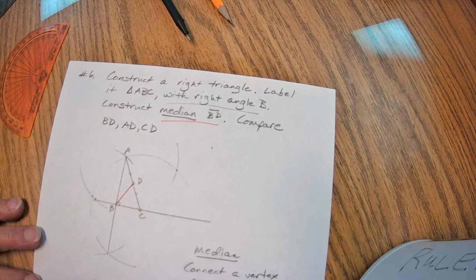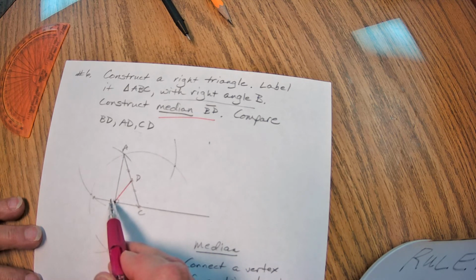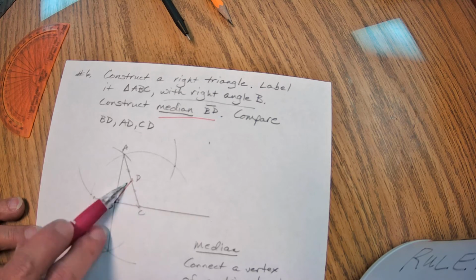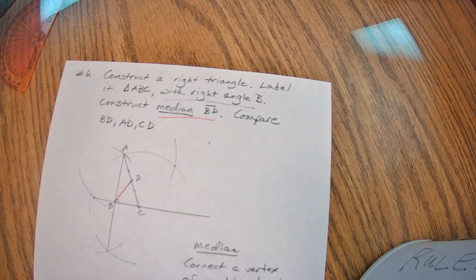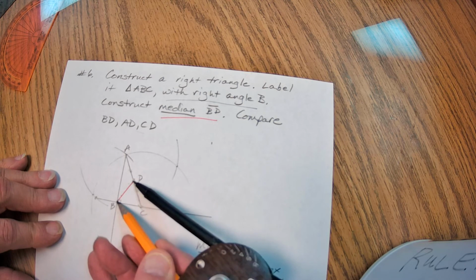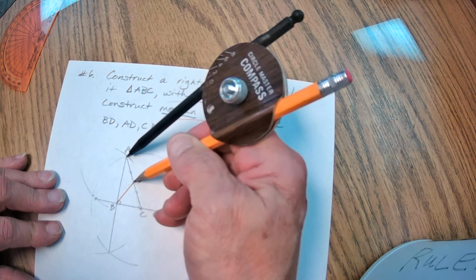BD. And now they want you to compare BD and AD and CD. Usually when it says compare, they want to know how long it is, or what the measurement is. But we're not going to use a ruler. I'm going to compare those lengths with my compass. So BD is that long. Oh, look.